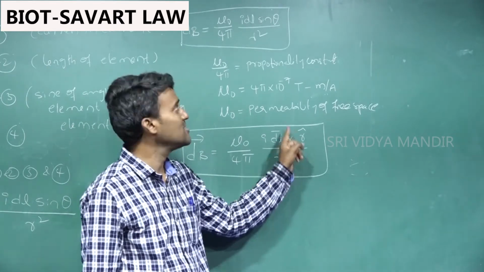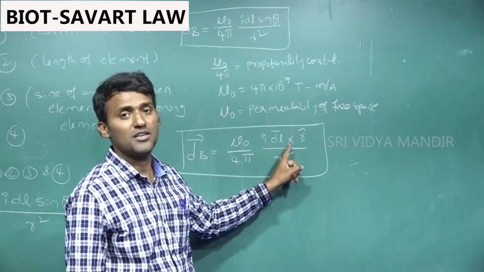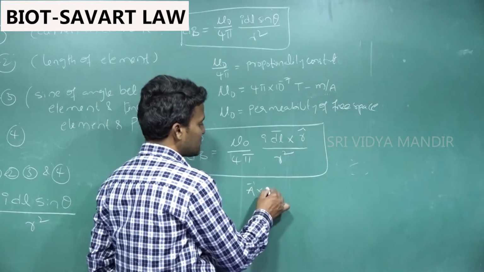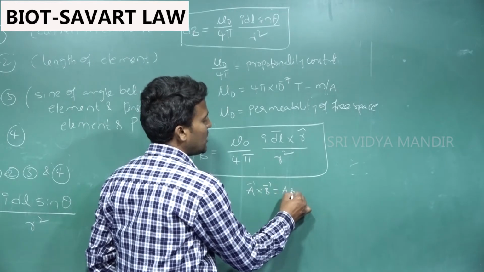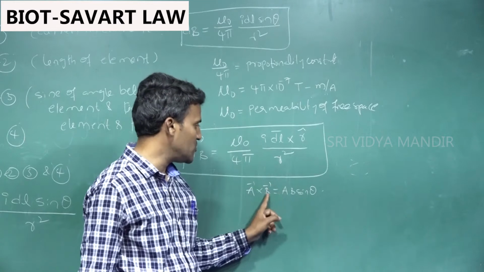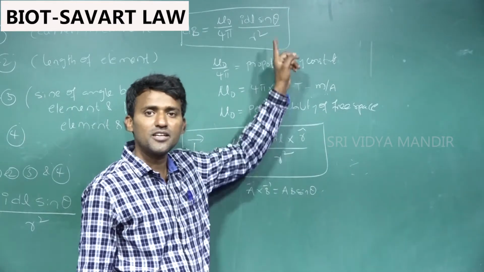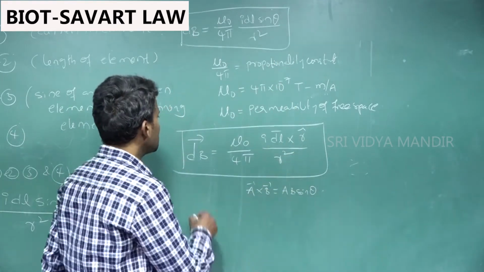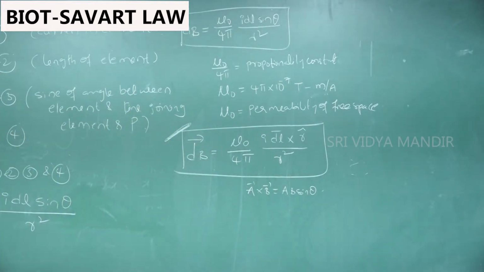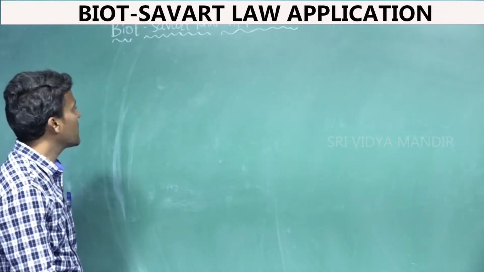When you remove the cross, sine comes again: A cross B is equal to AB sin theta. So this is the Biot-Savart law equation for the magnetic field. Next, the applications of the Biot-Savart law.